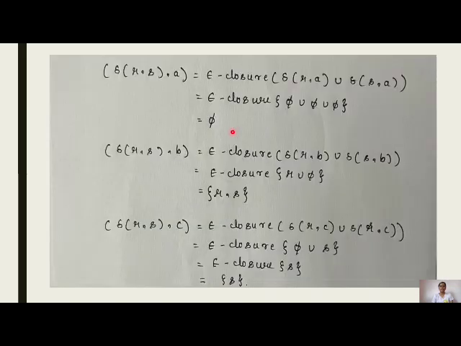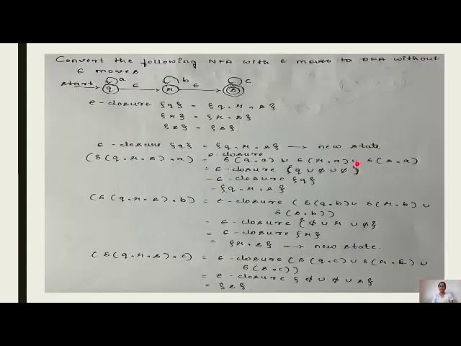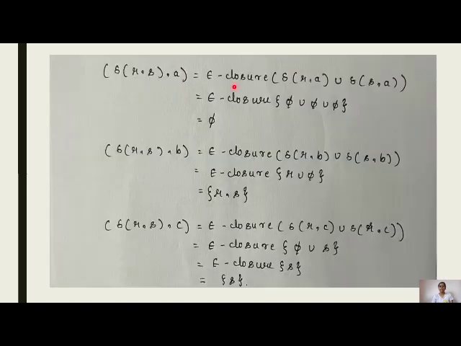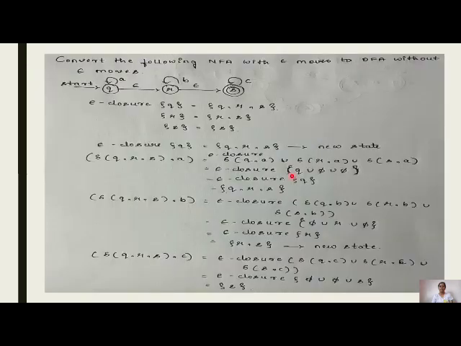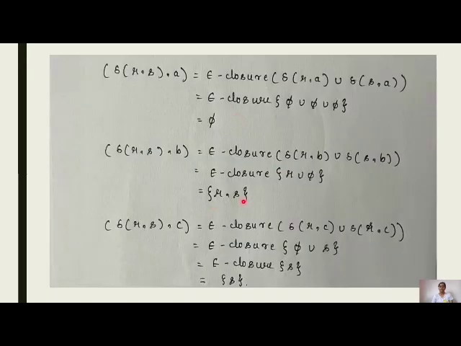So we can take it as R, then union with S with input B, it doesn't go anywhere. So we can consider it as null. So epsilon closure of R is R comma S. So I have written it here.